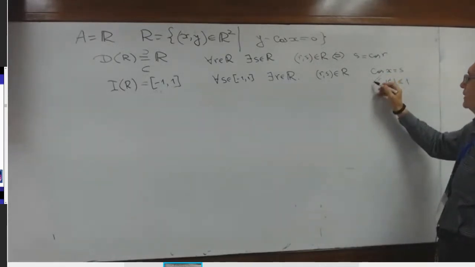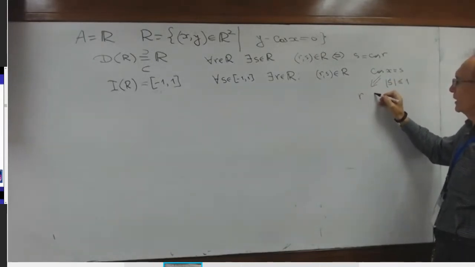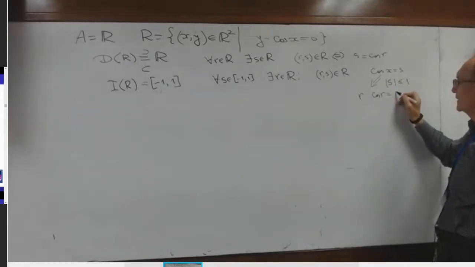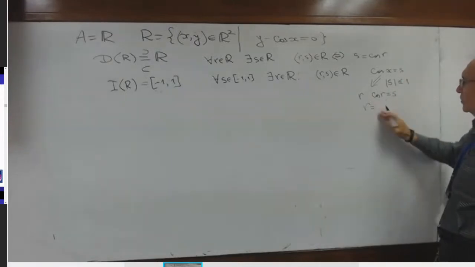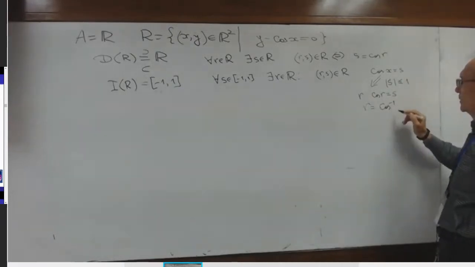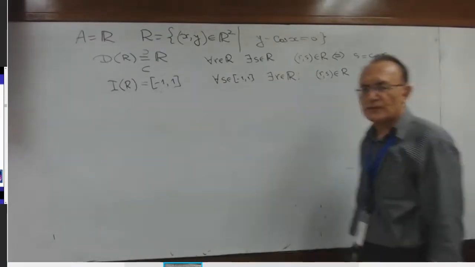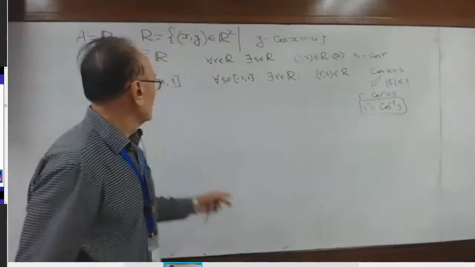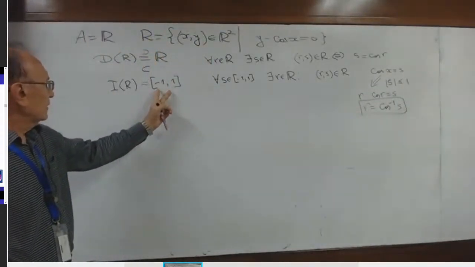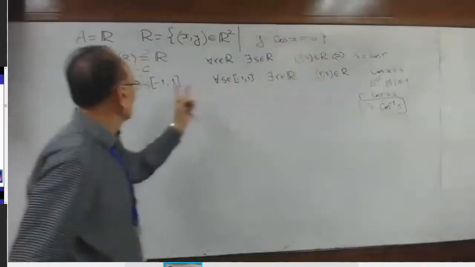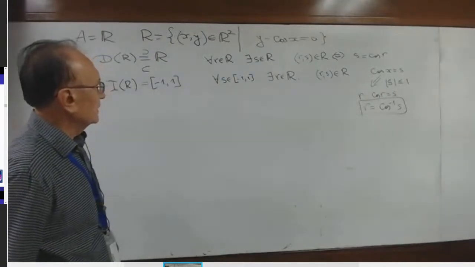That solution I will take as r, where cosine r is s. Or if you write it, r is the inverse cosine of s. So you can see the cosine function range is [-1, 1].